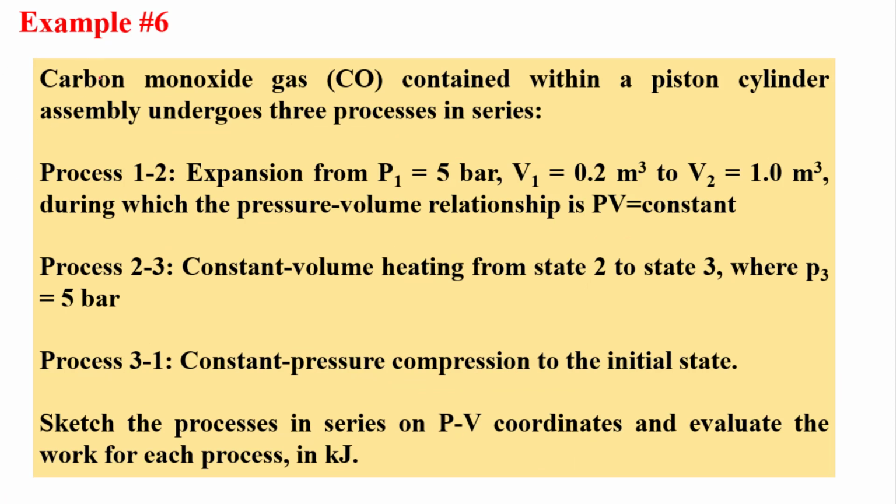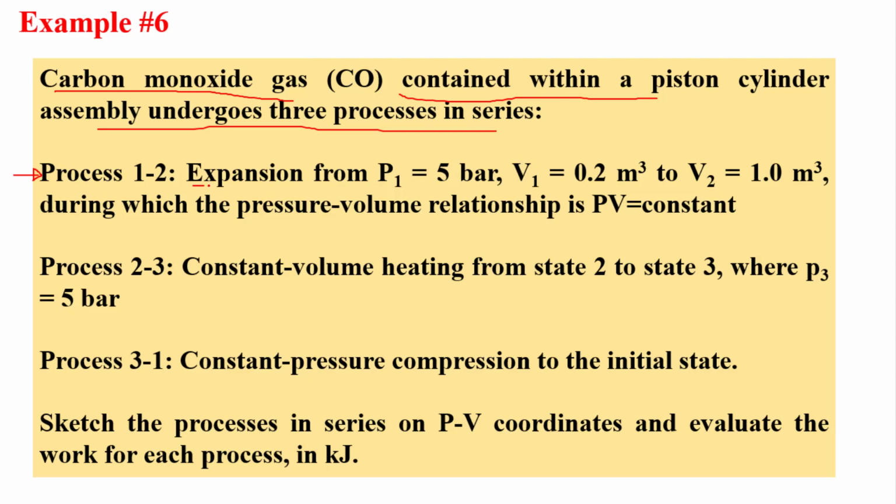Okay, let's see another example. Here example number 6. Carbon monoxide gas, again, contained within a piston cylinder assembly undergoes three processes in series. So here we have process 1 to 2 again.